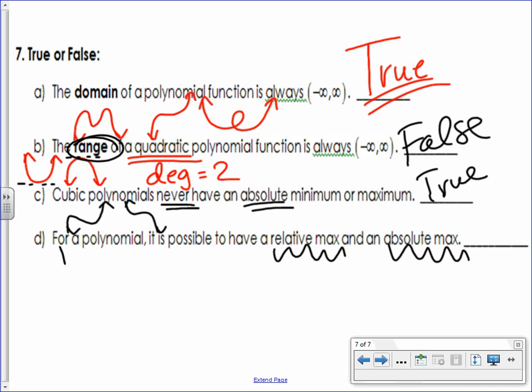Okay, if we're talking relative max, that would be right here. The whole reason we have a relative max is because I can't tell you what this is going to. Okay? So my answer to that is false. Because we can't have both. We either have one or the other.